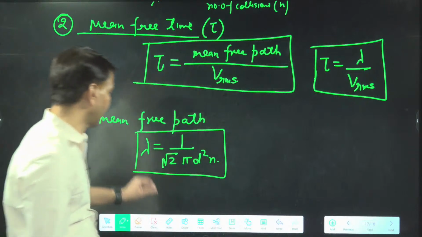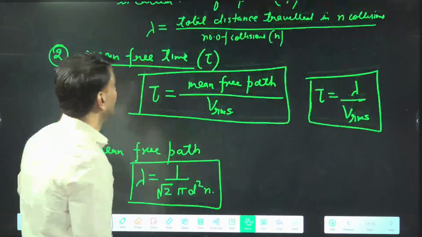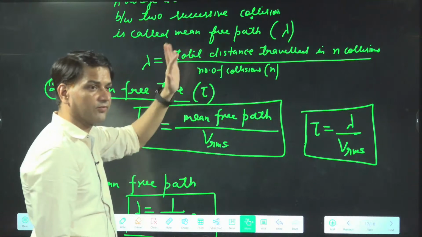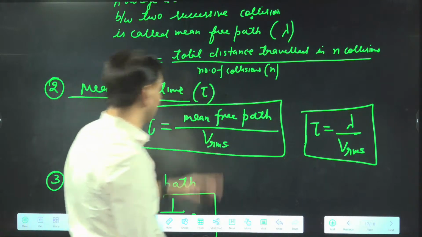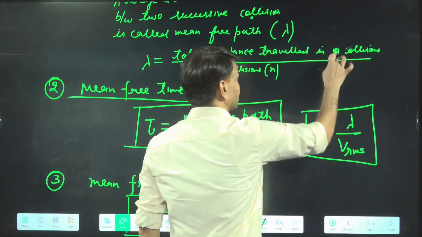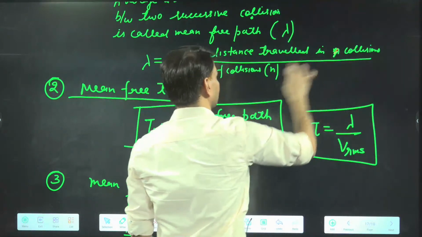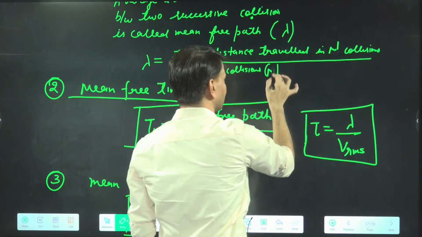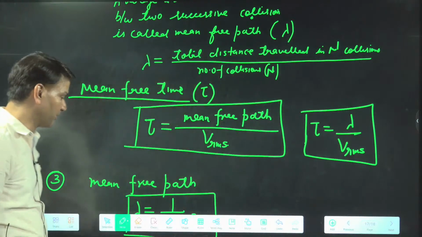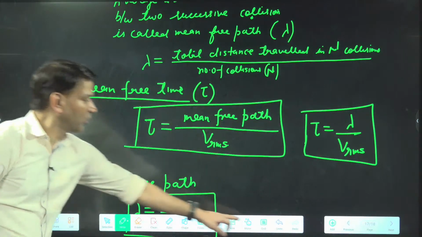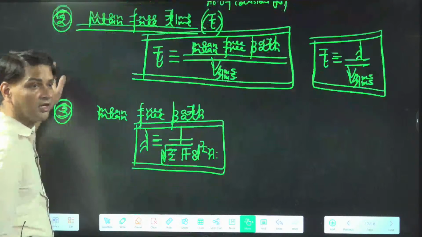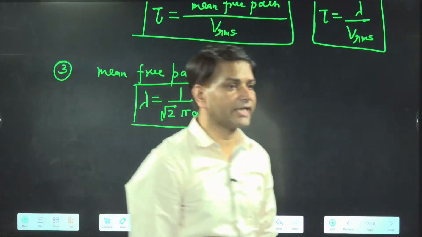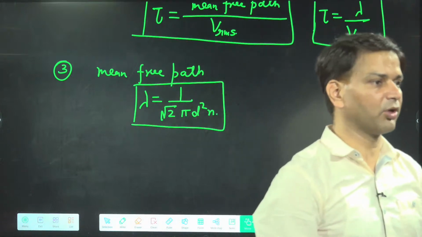No, that I have used here. It is different. Total distance traveled in any collision, that is a different thing. If you are getting confused here, we can use a different symbol. Otherwise, you will take this as n, because number we generally write as n. That's why maybe you are getting number of molecules. When I said the pressure, I said when we are using the capital N you will use the number of molecules.